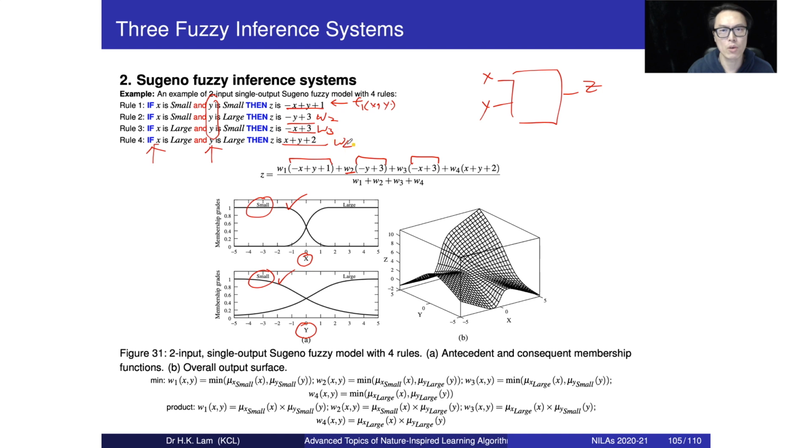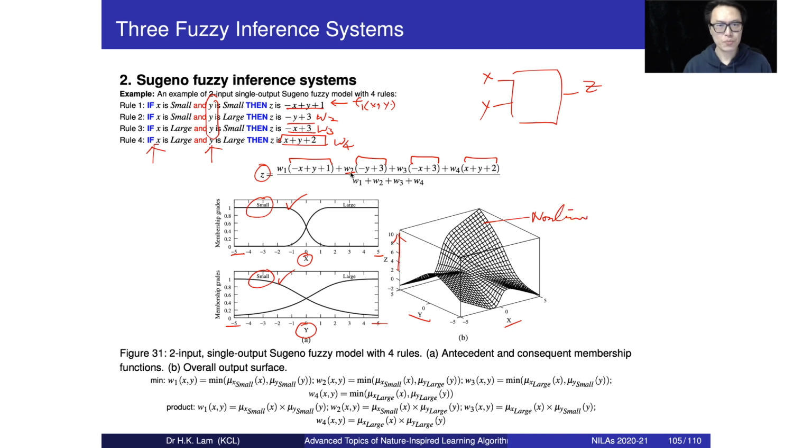So if you consider all the values of X and Y in the range of -5 to 5, and then put it in a 3D plot, this is X, this is Y, and this axis is Z, you will find that although each function right here is linear, W1 to W4 are non-linear. So the surface is non-linear.